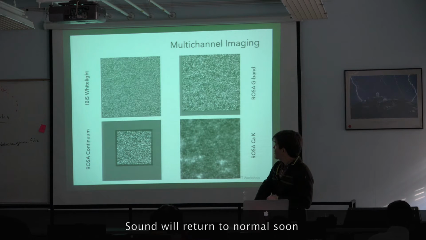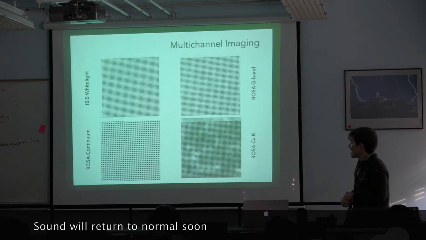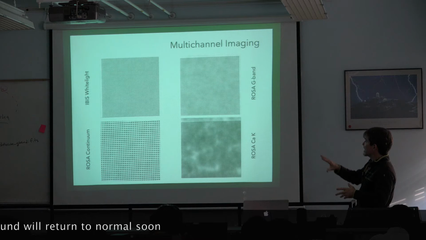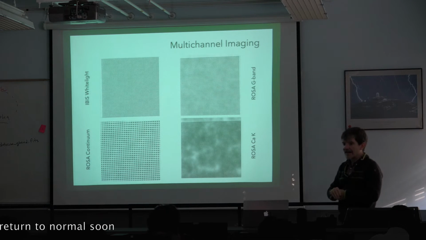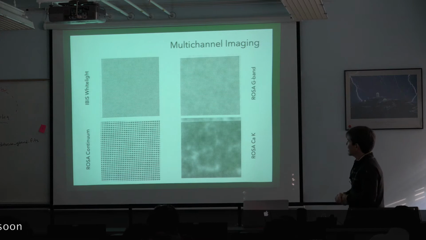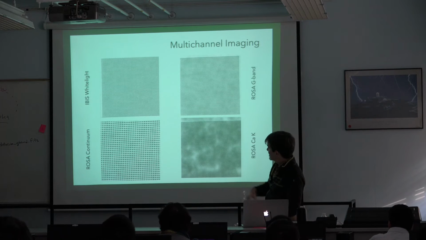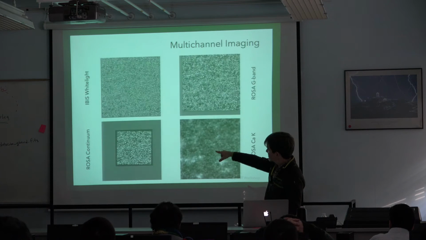And the one we've worked on primarily with the DSP, and getting this alignment very accurately done, is what we call the dot grid. It's a nice uniform grid of dots, and it looks kind of the same in these different channels. Obviously, you see down here, this is the ROSA continuum.